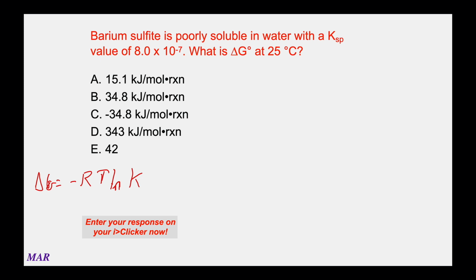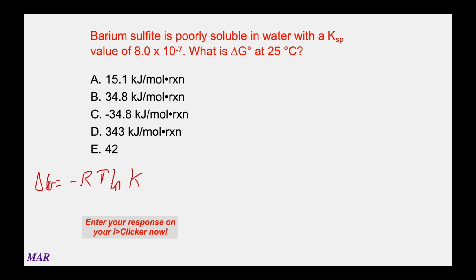One thing that will help is that K's less than 1 are reactant favored, and a delta G for a reactant favored condition will be a positive number. A negative delta G would be product favored, and that would be a K greater than 1. So there's no way that the answer is going to be C. C, a negative delta G, would only come from a K larger than 1. So this is just one of those problems where you have to plug the math in.